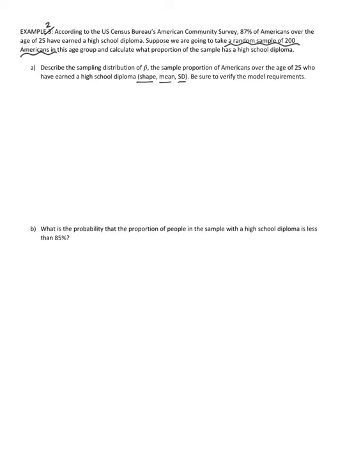Since they are talking about the sampling distribution of p hat, let's understand what's happening here. We have a population, and then we take a bunch of samples. We don't know how many, but just take a bunch of samples.